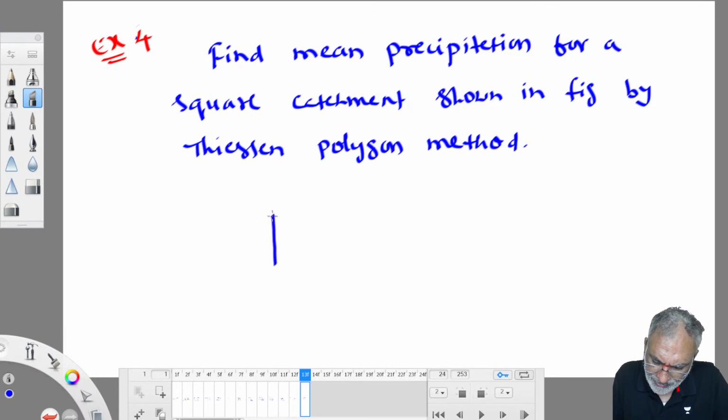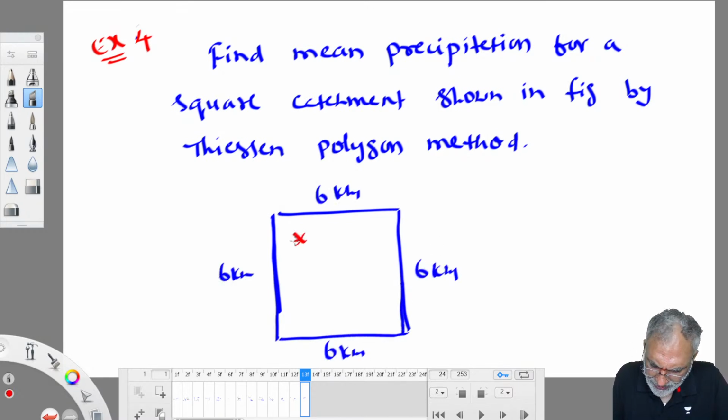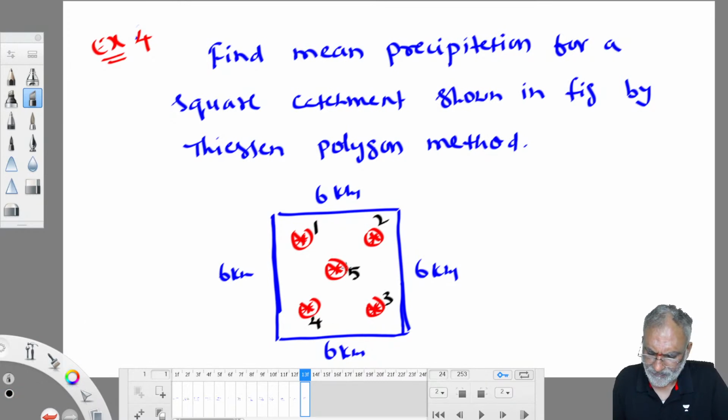As given, a square type catchment. Outside, 6 km, he kept a rain gauge station here, another here, another here, another here. This is numbered: 1, 2, 3, 4. Central station is 5.